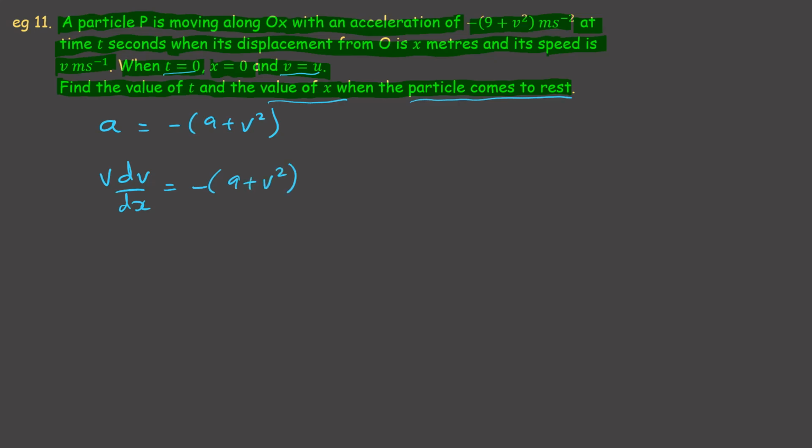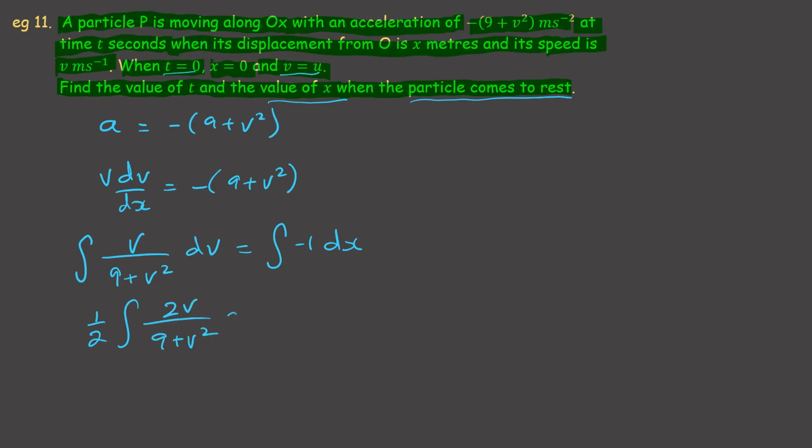Separate and integrate gives us the integral of v over 9 plus v squared dv is equal to the integral of negative 1 dx, and we can write this one as a half the integral of 2v on 9 plus v squared dv, and that's equal to the integral of negative 1 dx.